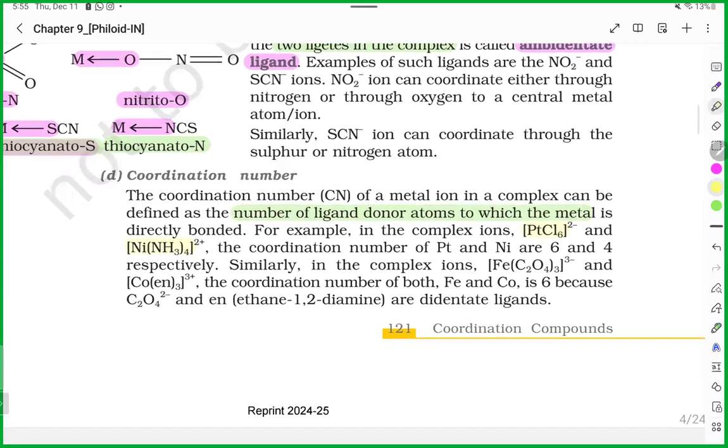Example. In this case, what will be the coordination number? 18? 6. Why?